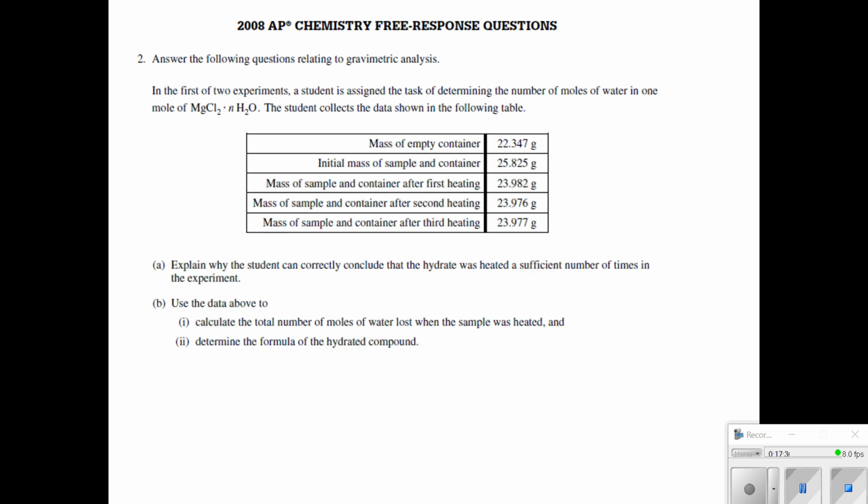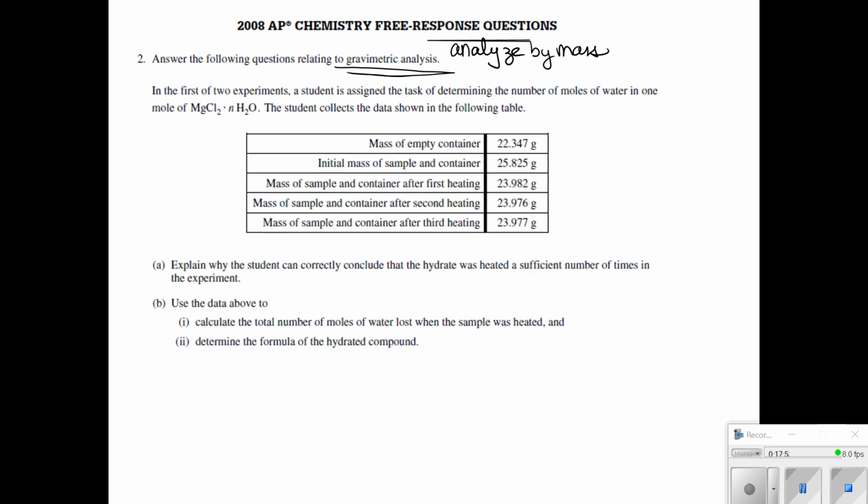All right, so hopefully you have hit pause and you've tried this problem, and now you're back with us. We're going to talk through this first part here. A couple things we should look at is, one, they use the word gravimetric analysis. The word gravimetric analysis means that you are analyzing something by looking at its mass, by weighing it.